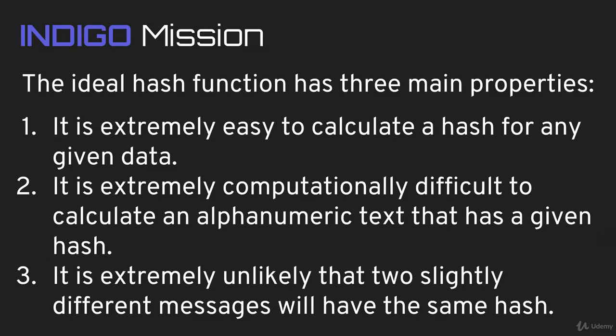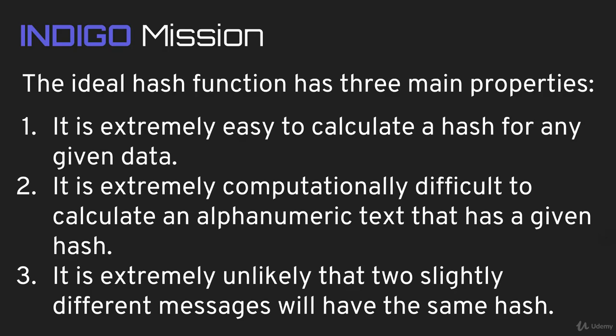And the ideal hash function actually has 3 main properties, and this is for cryptographic hash functions. The first property it should have is that it should be extremely easy to calculate the hash for any given data. It can't take forever, otherwise it's basically a useless hash function because you're going to be waiting all day for it to compute the hash. So the first one is it has to be quite fast. The second one is that it has to be extremely computationally difficult to calculate the alphanumeric text that has a given hash.